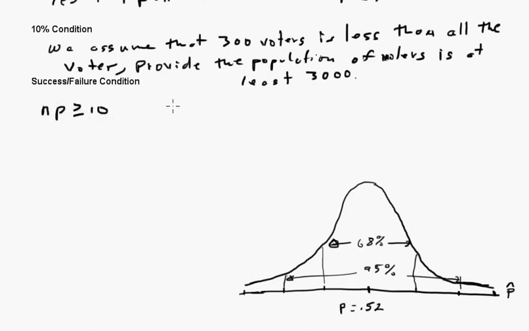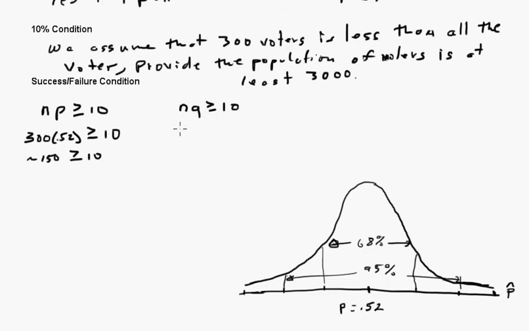Okay? So then the success failure condition, we want to check if np is greater than or equal to 10 and is nq greater than or equal to 10. So our sample size is 300 and we're going to multiply that by 0.52. So that's, if I cheat, approximately 150, and that's greater than or equal to 10, right?